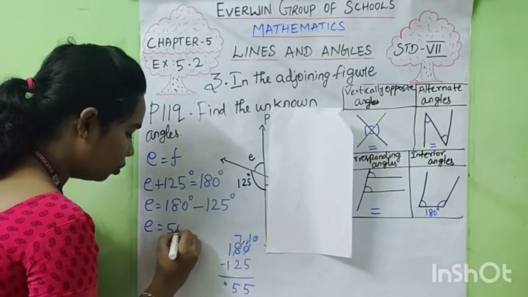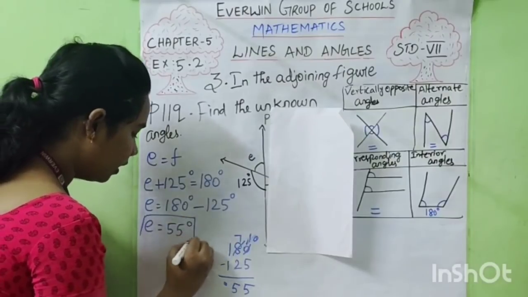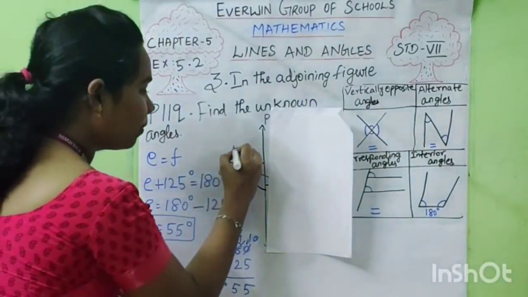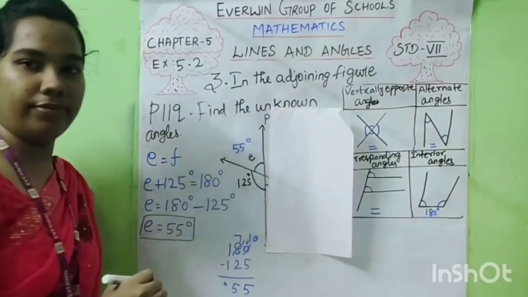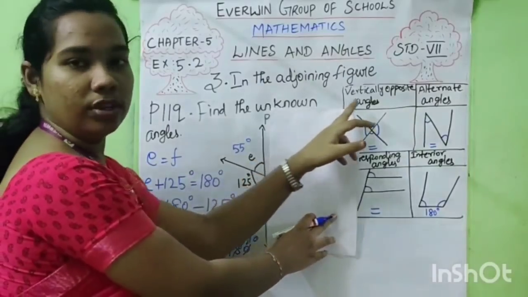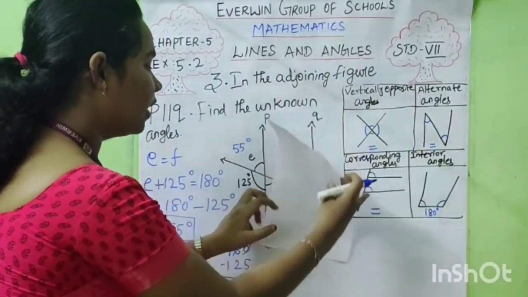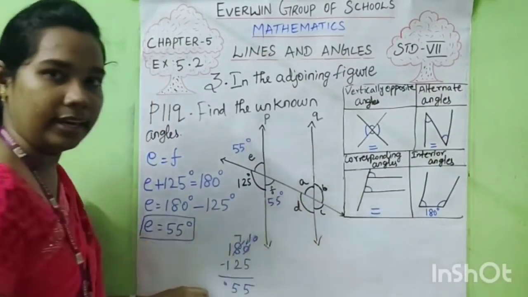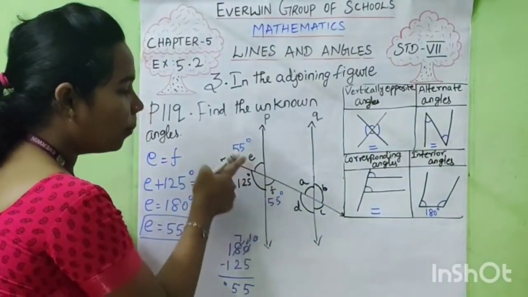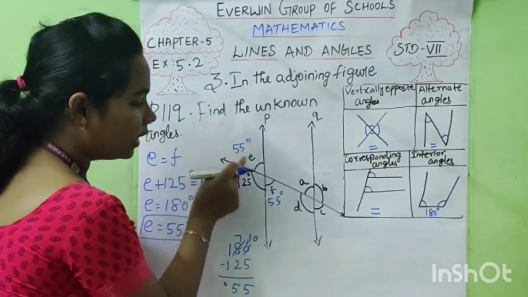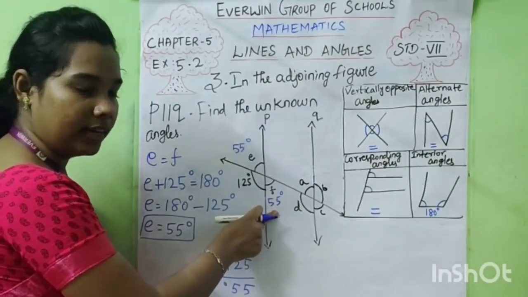So E equals 55 degrees. I am writing here E equals 55 degrees. As we said, E equals F since we used vertically opposite angles, so F is also 55 degrees. Correct? Because vertically opposite angles are the same. So F is also 55 degrees.